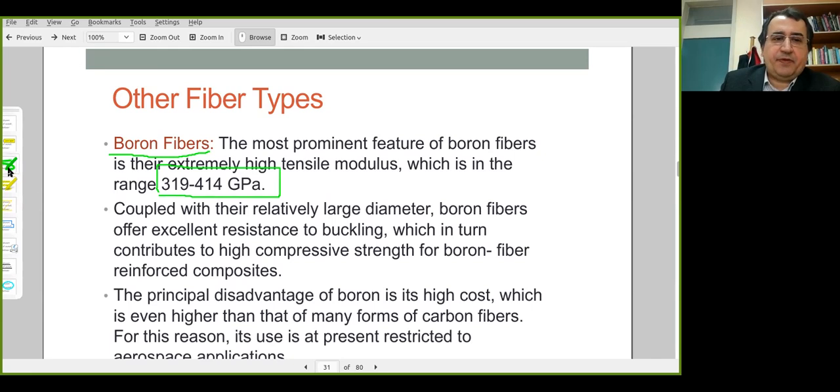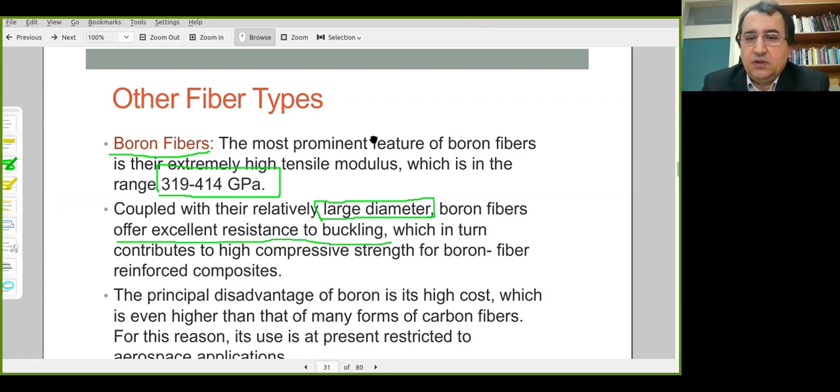These fibers have larger diameters compared to the other fiber types, so they are going to offer resistance to buckling because of the larger diameter. And they may have higher compressive strengths.